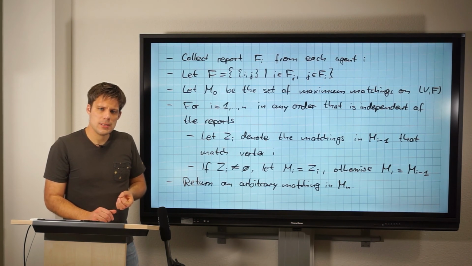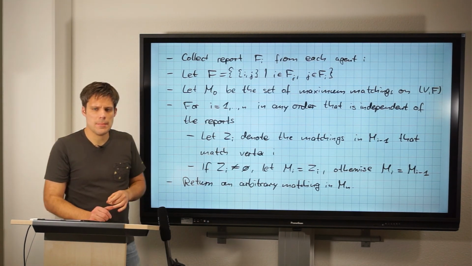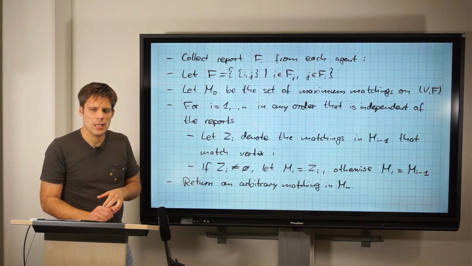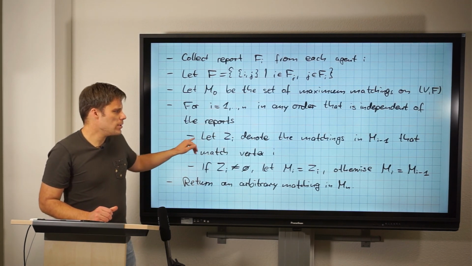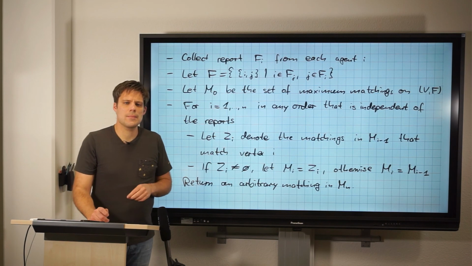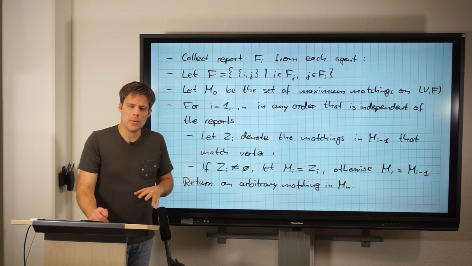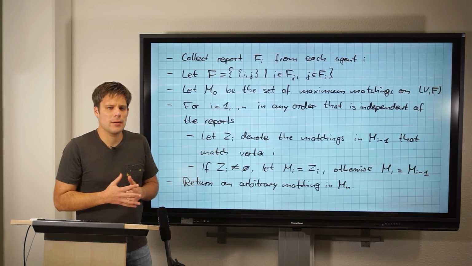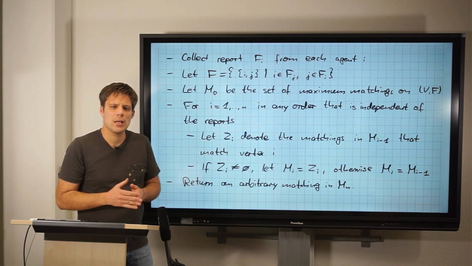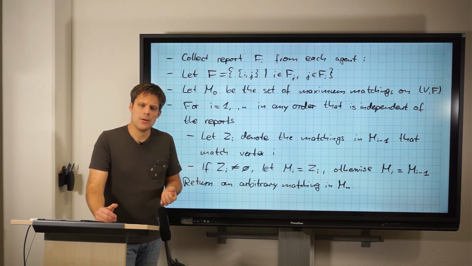The first agent, we now see, is it possible that this agent gets matched somehow? Is there a maximum matching which involves this agent? If so, we will only, from this point onward, only consider matchings in which this agent gets matched. Otherwise, okay, this agent cannot get matched, so let's not care about him or her any further. Then we get to the second agent. And now we ask the same question.